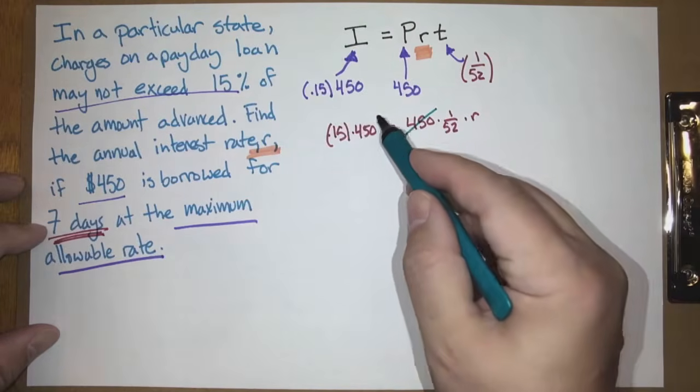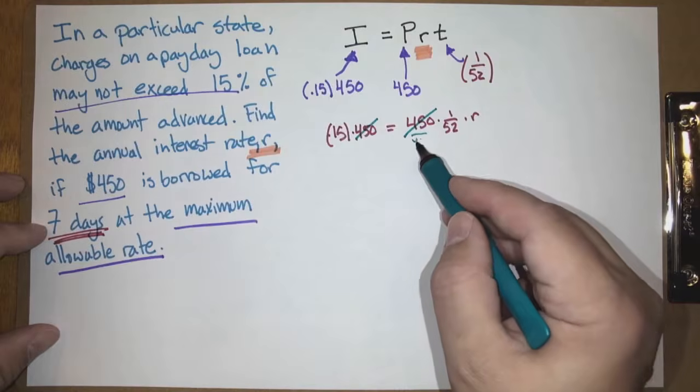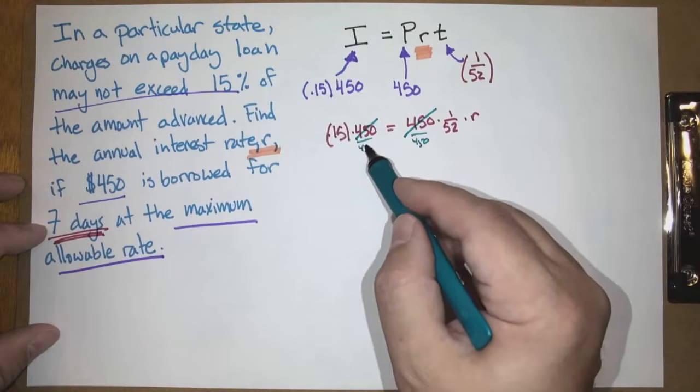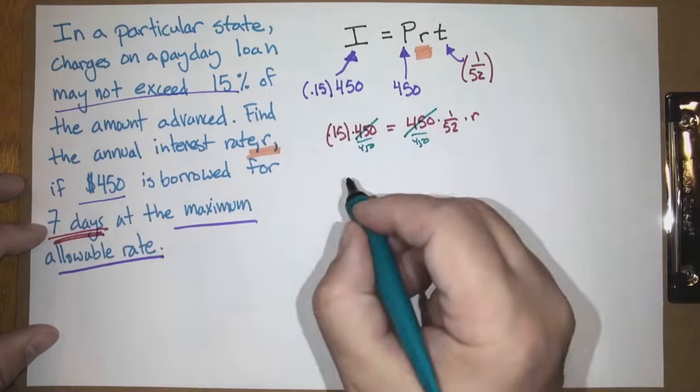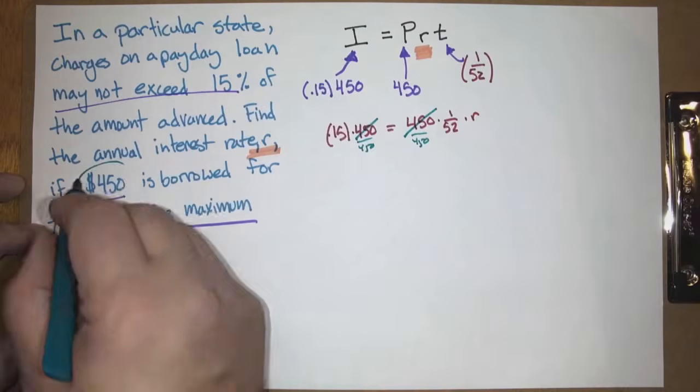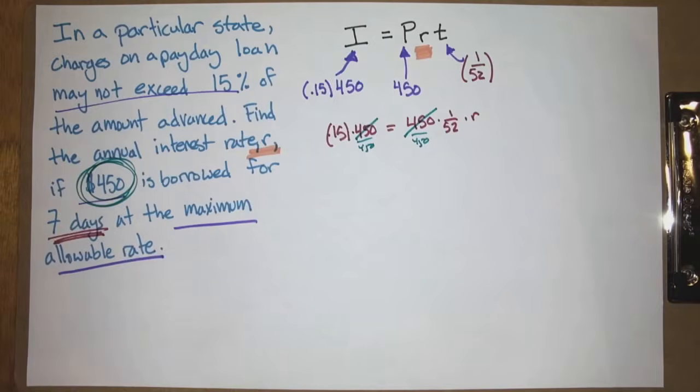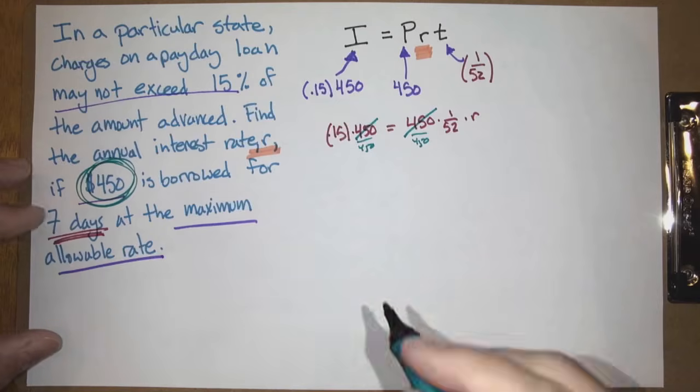They cancel, because you can divide both sides by 450. It's the dividing by 450 that causes that cancellation. So you might say, how does this number influence the answer? It turns out it doesn't. Whether you borrow 450 or 1,000 or 10,000, we'll still end up with the same R.